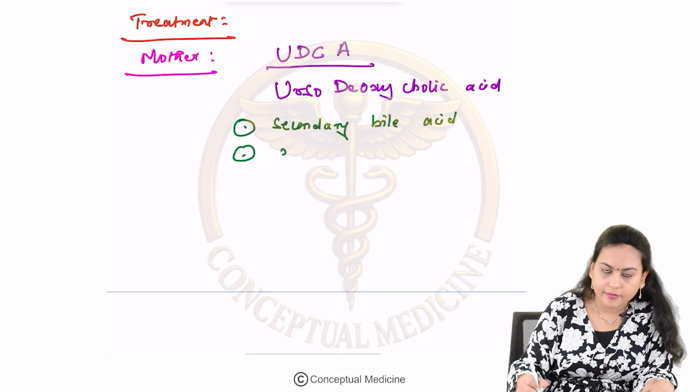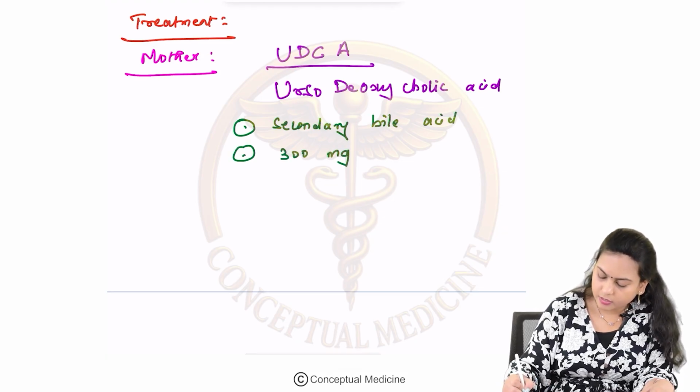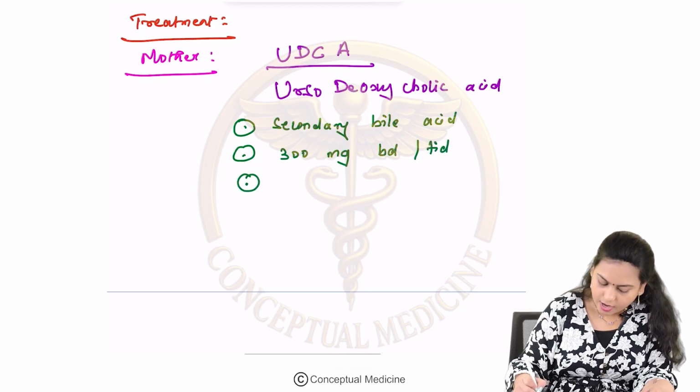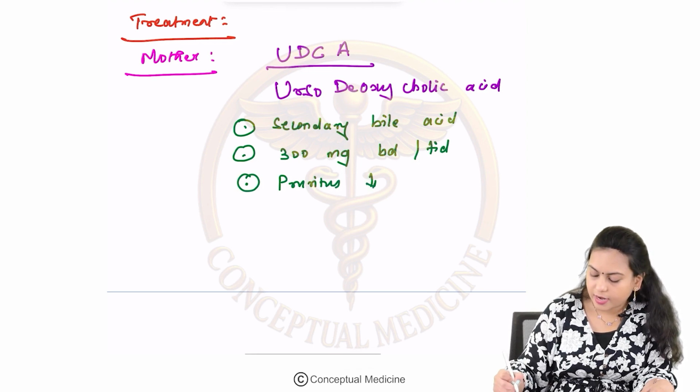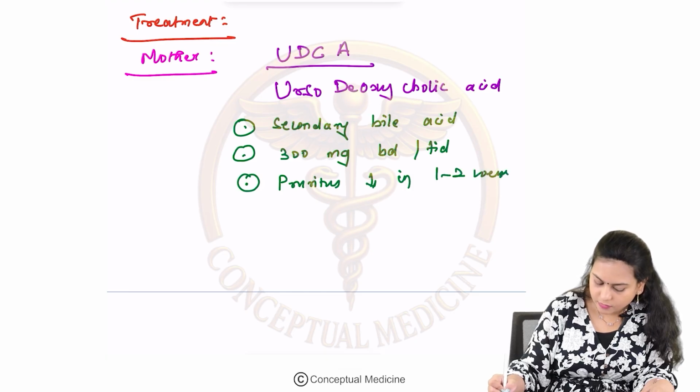The dose can be anywhere between 300 milligrams BD or TID. And if you give this drug, the pruritus reduces in another 1 to 2 weeks.